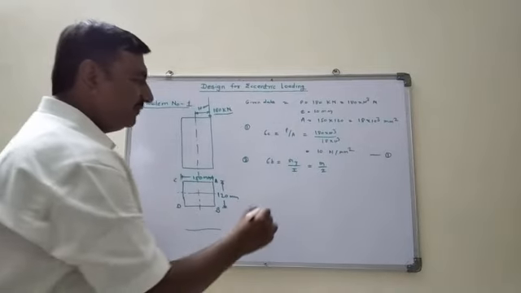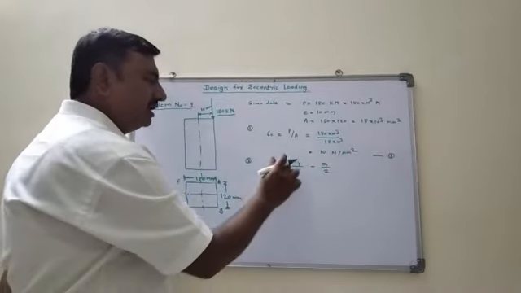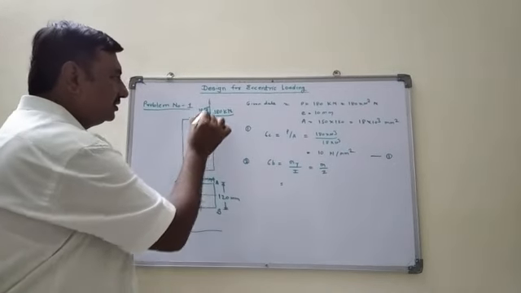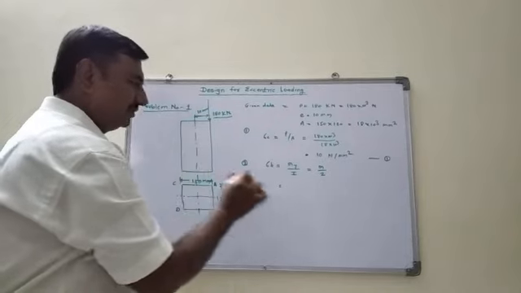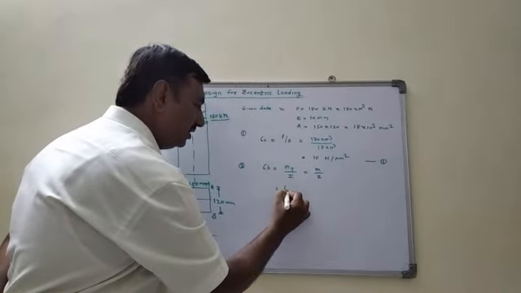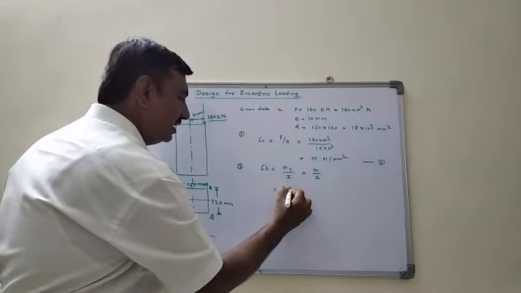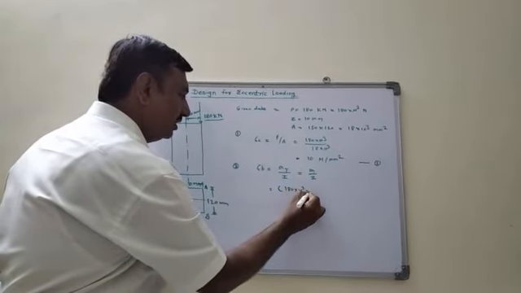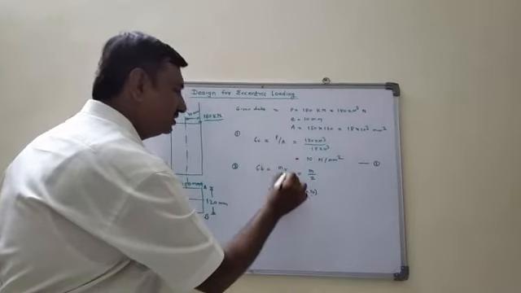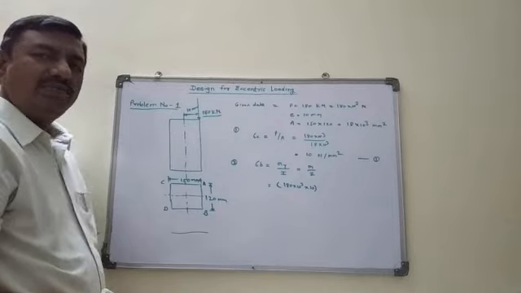In this equation, M is the bending moment, the force into the perpendicular distance, so M can be calculated as 180 into 10 raised to 3 into 10. This is the M. y is the distance from the neutral axis.